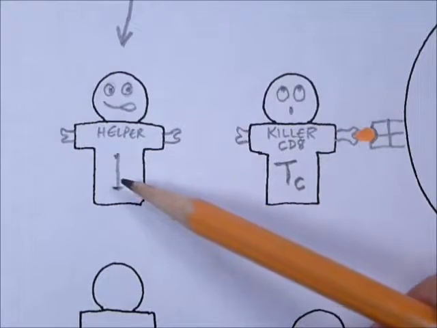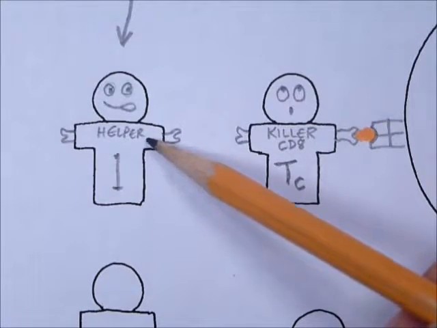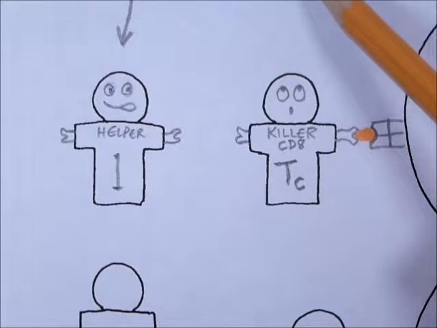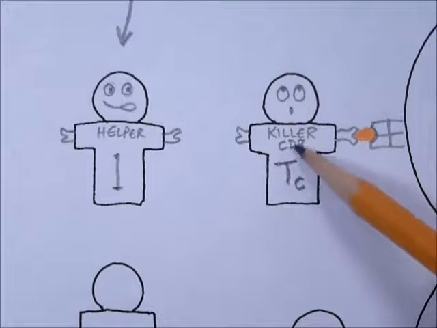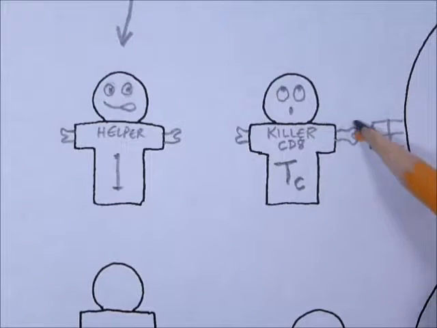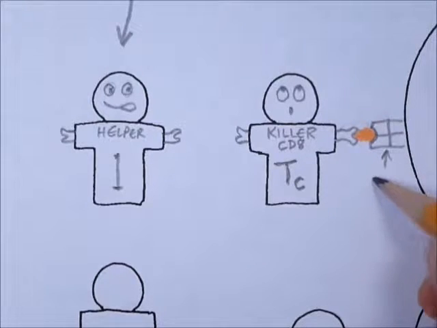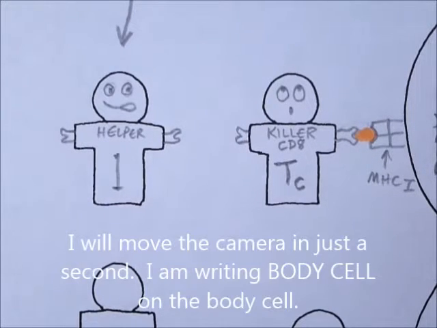The helpers, the CD4 matches up with those antigen presenting cells, the macrophages and the dendritics. The CD8s have this little extra protein that reaches over and recognizes MHC1, and where do you find that? On body cells. So this would be a body cell.